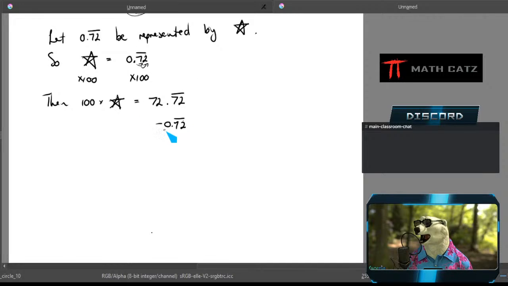Now on the right, they're sort of speaking the decimal language, and they understand what I want to do when I want to take away 0.72. But on the left, I obviously have to do the same thing. Everything has to be in balance. But the left says, we don't understand what you want us to do here.